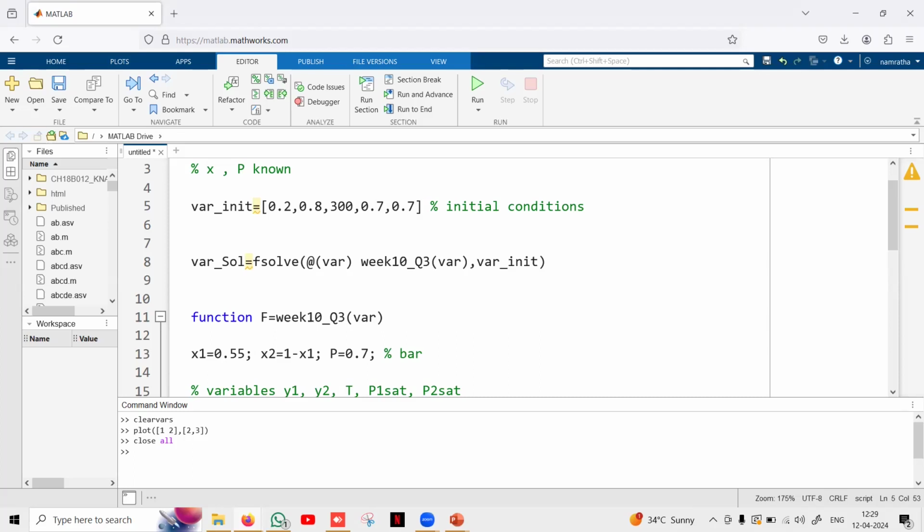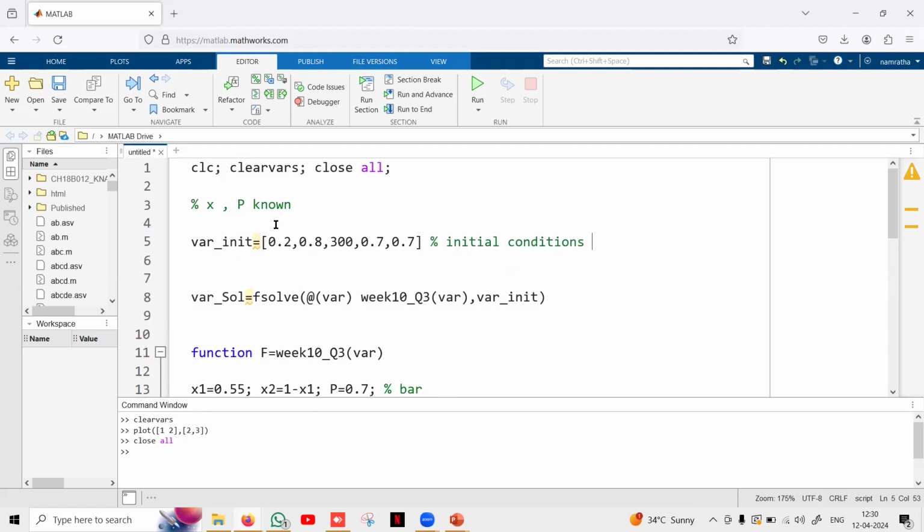Since the P is known but temperature is not known, temperature is unknown, and P1 sat and P2 sat you will be guessing by using some temperature.